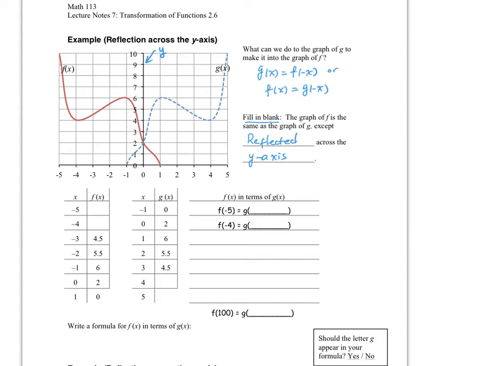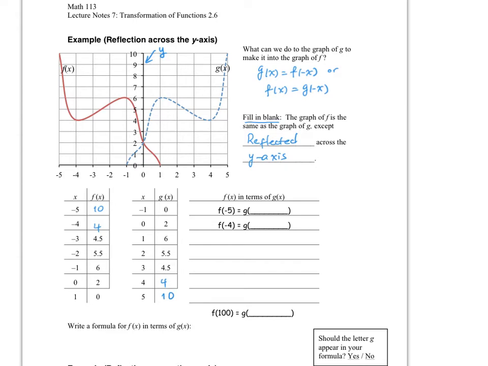Okay, so here, if we want to complete this table first, f of negative 5, so when x is negative 5, f is 10. If x is negative 4, then the function is equal to 4. You can see here if x is 4, the value for g will also be 4, and clearly this will be 10.